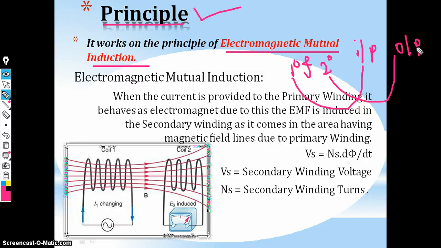The output side means the load side, then current flows through the load side. Now this is the working principle of the transformer based on the concept of electromagnetic mutual induction, with the help of the primary winding and secondary winding.